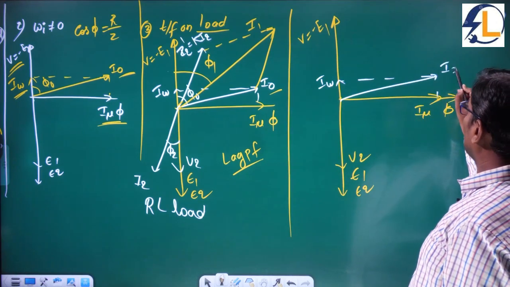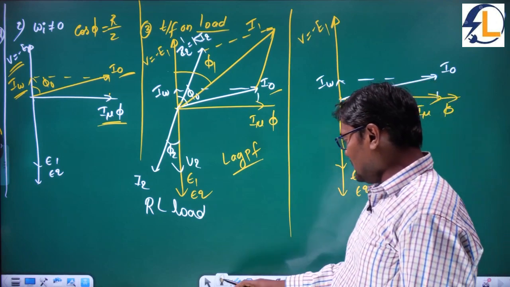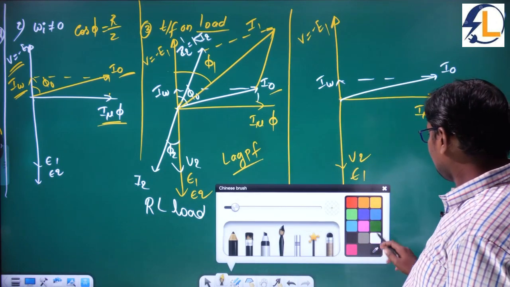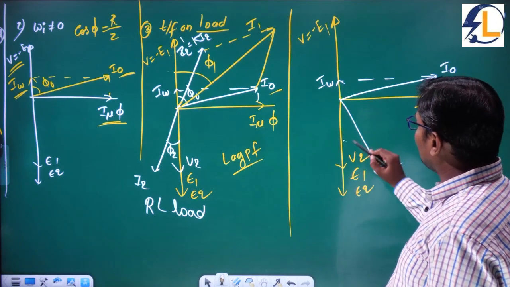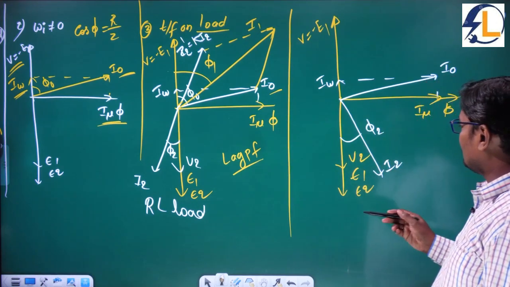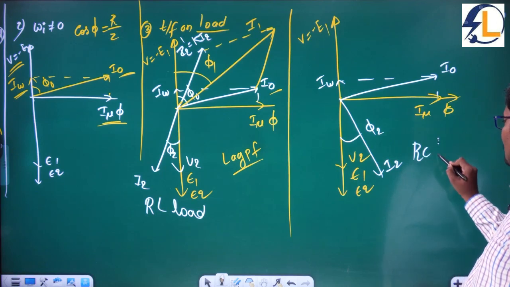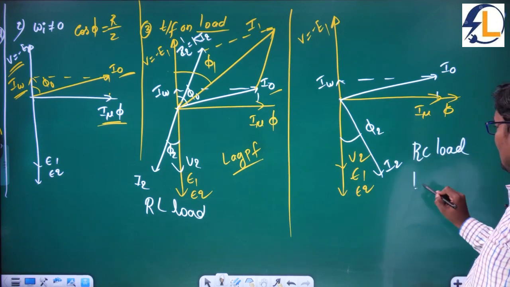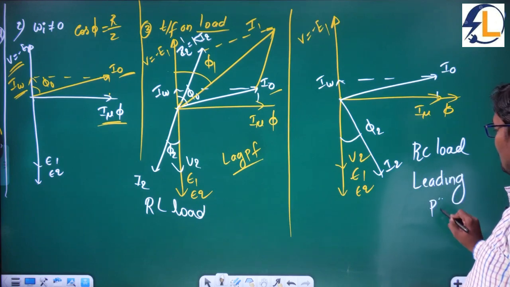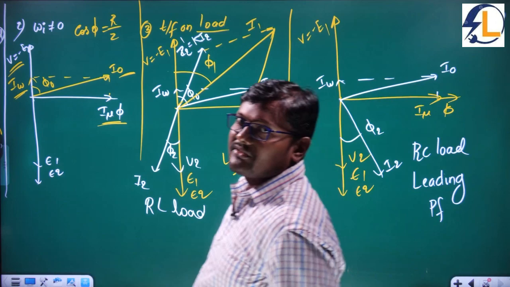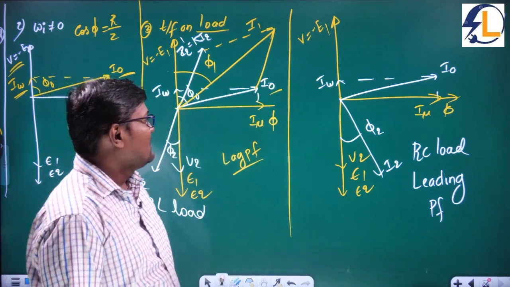So this is the no load current here, and this is called the leading. You should remember, leading means RC load, sir. Leading power factor. What is power factor, sir? Cos phi 2 is called the power factor.